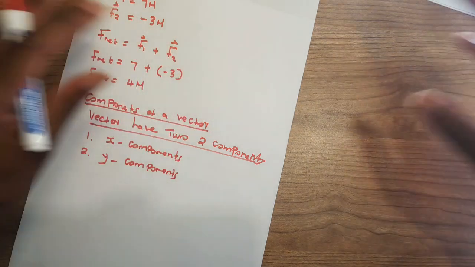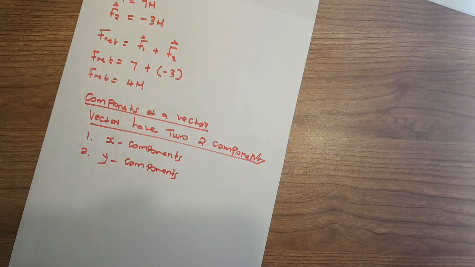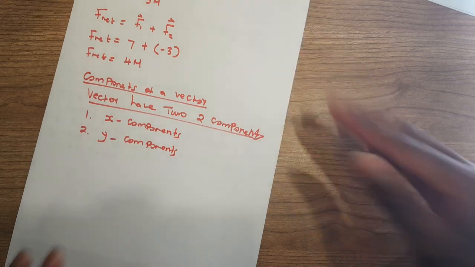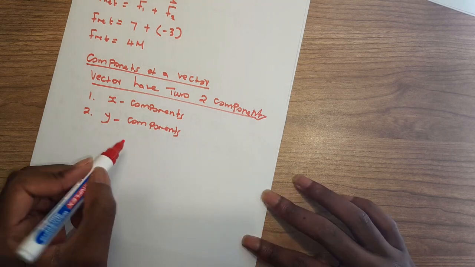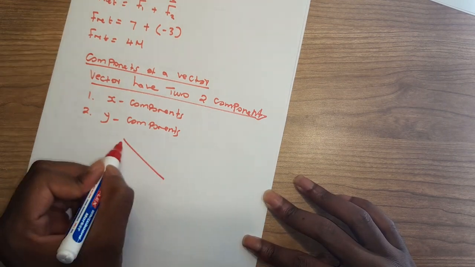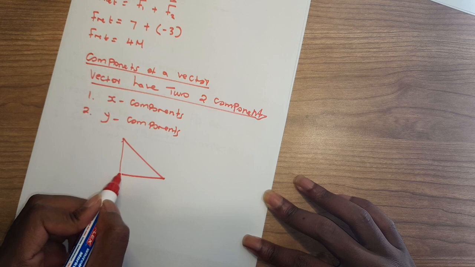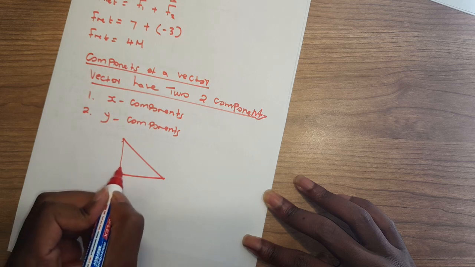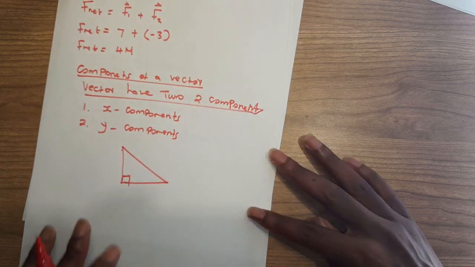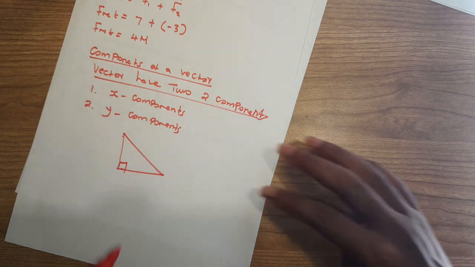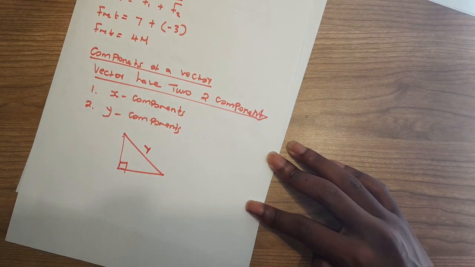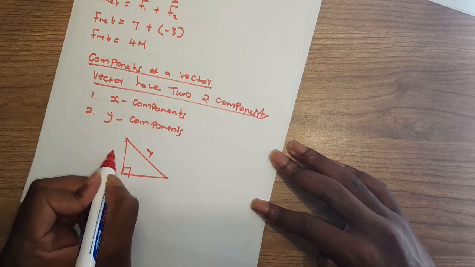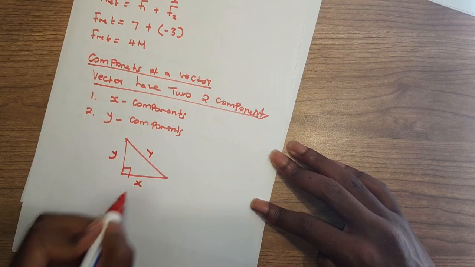So what do we now understand about these x and y components? Okay, let's say we have a triangle. As you might have learned from trigonometry, this triangle looks something like this. And we know that this is our hypotenuse, this is our y part, and this is our x part.